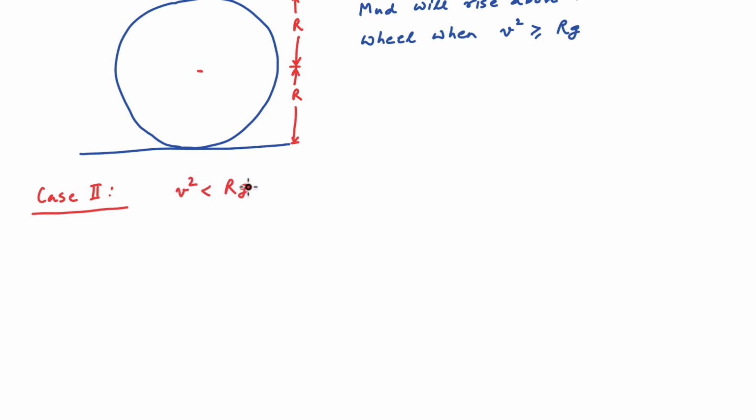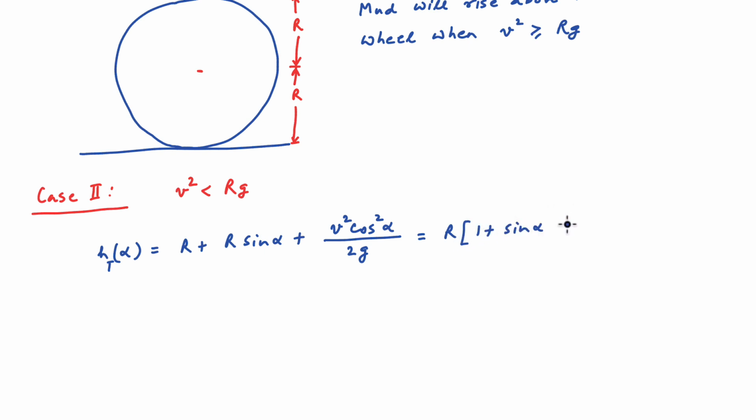Again, h of alpha, which we have derived earlier to be equal to R plus R sine alpha plus v square cos square alpha upon 2g, can be rewritten as R times in brackets 1 plus sine alpha plus v square upon 2Rg multiplied by cos square alpha.